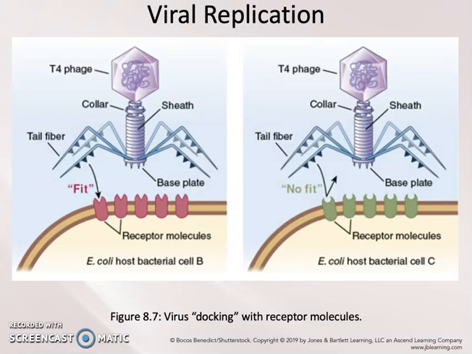So for instance, rabies, which can infect humans and other mammals, has a wide host range. Having a wide or broad host range means that that particular viral particle can attach to many different cells from many different species. On the other hand, HIV has a very narrow host range because it can only infect human cells.